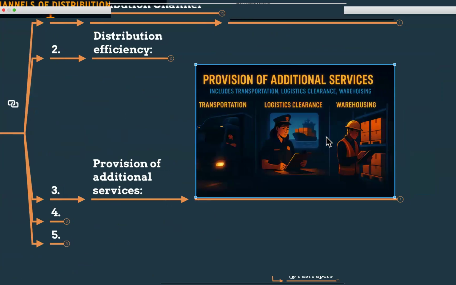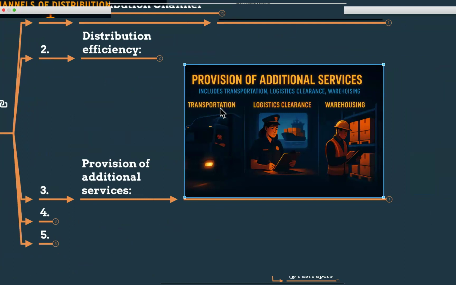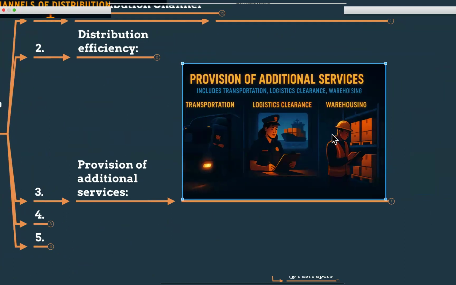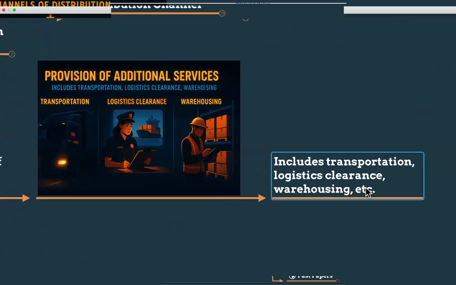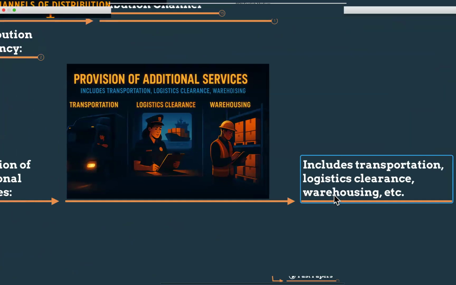So sometimes, not only transportation, logistics clearance and warehousing are also provided by the distribution people, right? Intermediaries like wholesalers and agents sometimes do more than just transport. They include transportation, logistics clearance, warehousing, like they will store your goods in their warehouses, right?